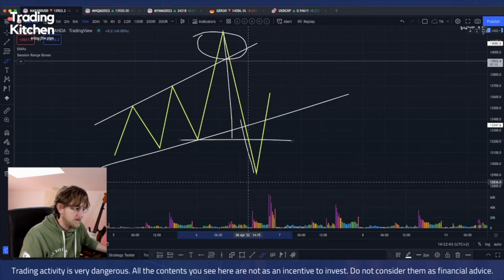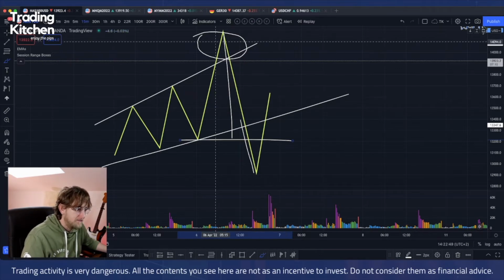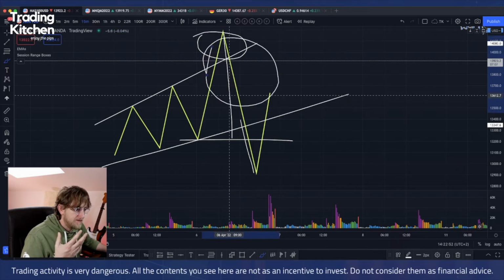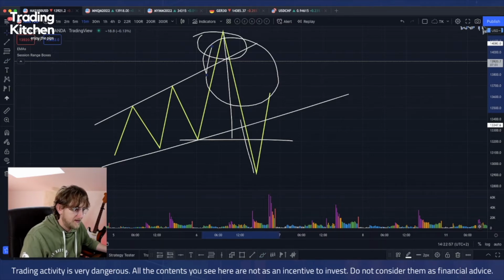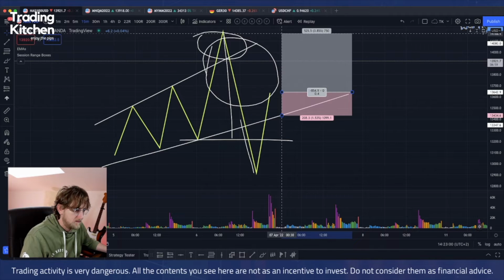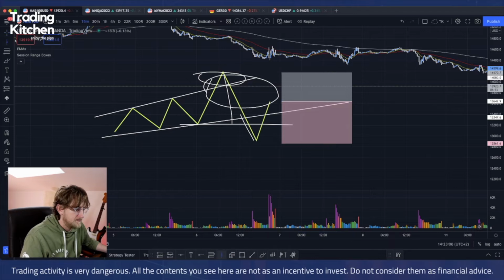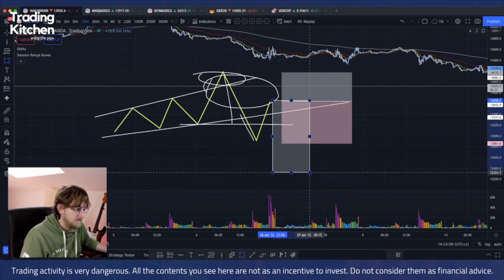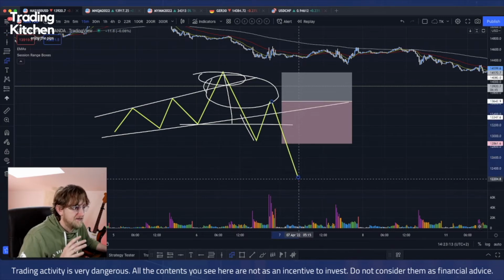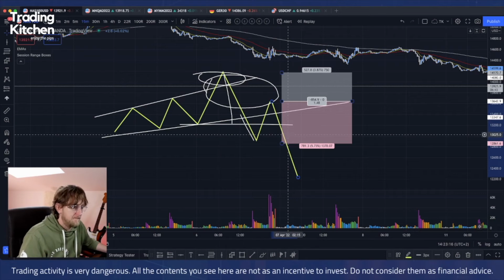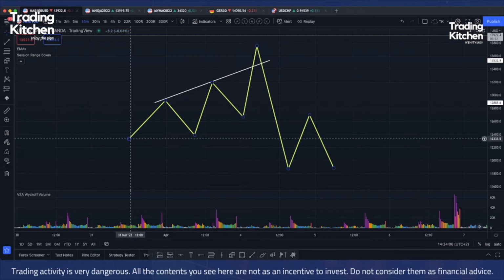And finally we have a backtest of the price into the main area in which there are a lot of volumes, and here basically is our short trade. And then we can see price falling massively. So basically this is the pattern, this is the theory.